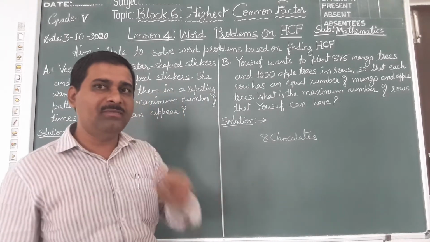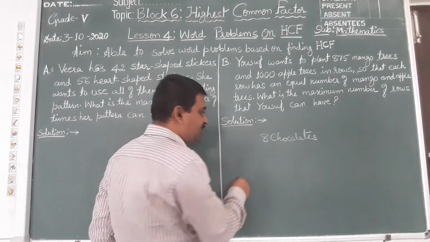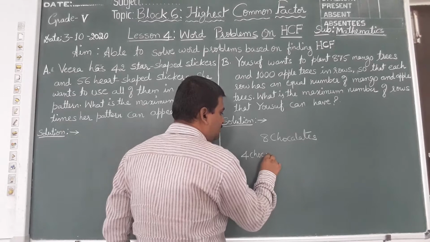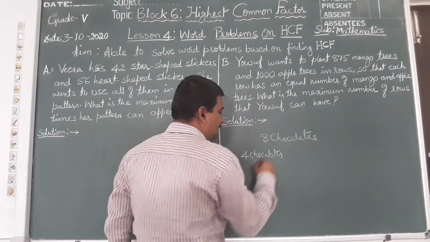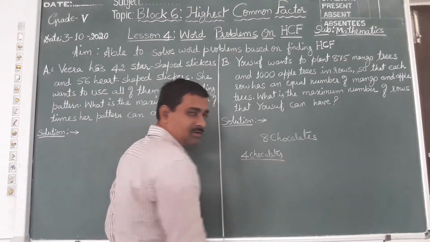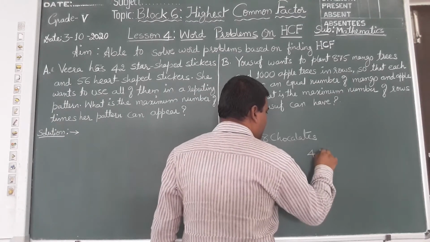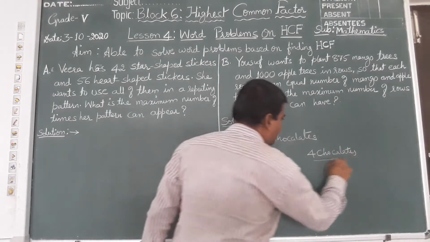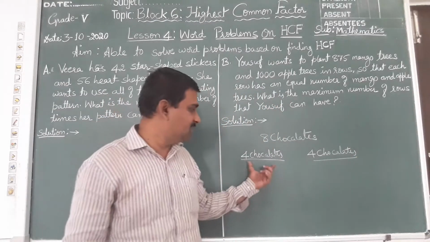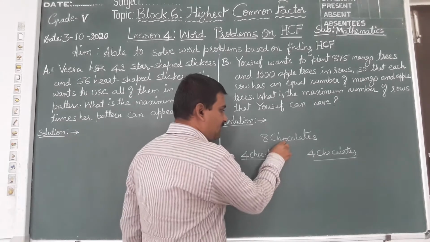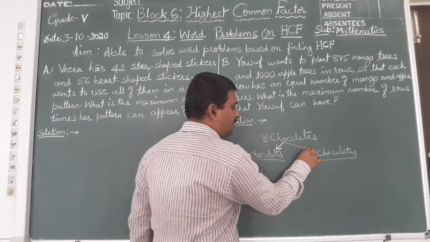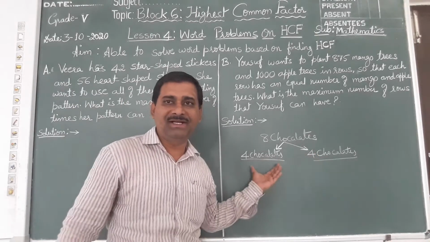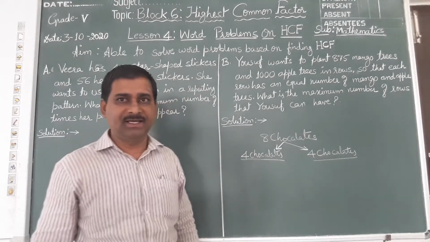So one combination you will get for equal distribution is 4 chocolates to one group and 4 chocolates to another group. One combination possible is 8 chocolates distributed as 4 chocolates to one friend and 4 more chocolates to another, equally distributed, right?